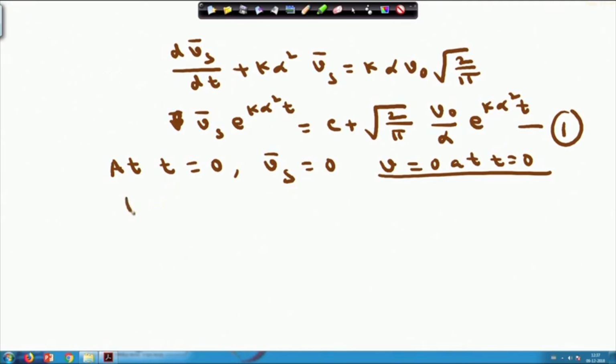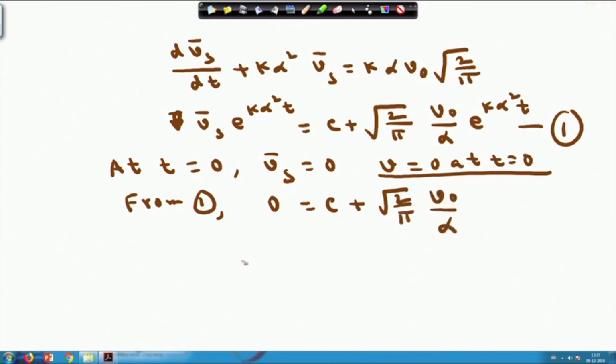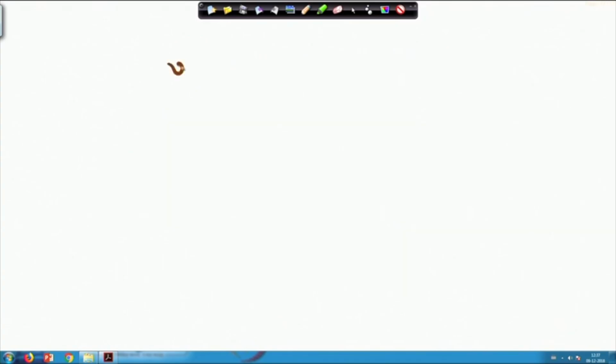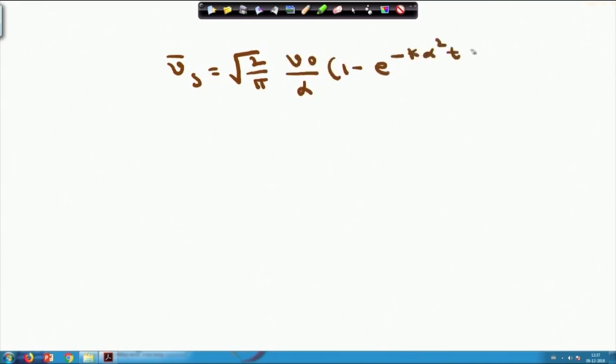So, if you put it in 1, then 0 equals c plus √(2/π) v₀/α. So you obtain the value of c as minus √(2/π) v₀/α. If I substitute this value in 1, I will obtain v̄_s as √(2/π) v₀/α (1 minus e^(−kα²t)).